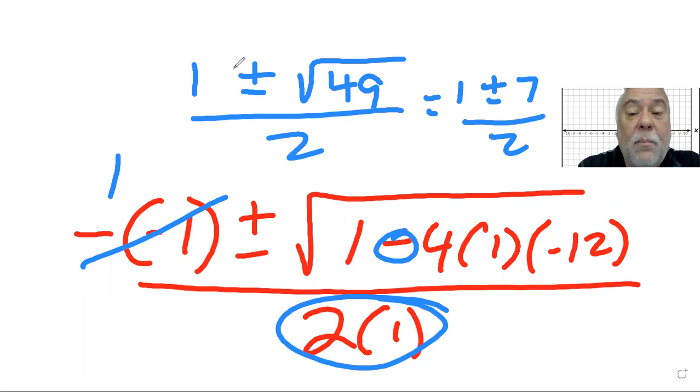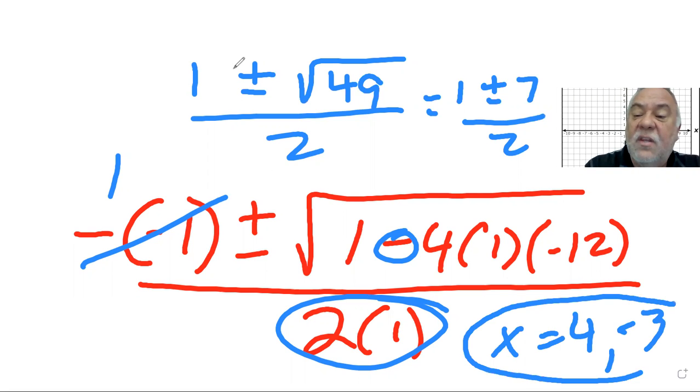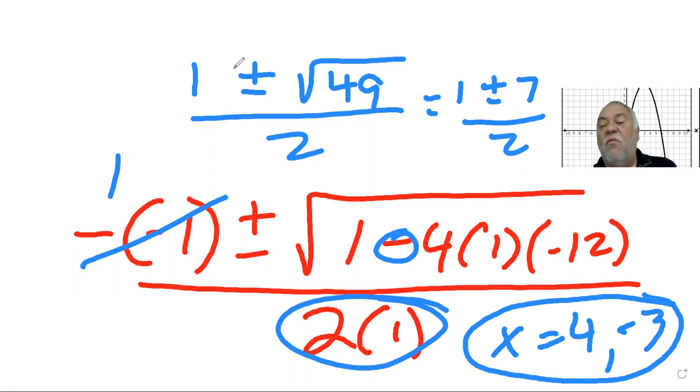Okay, 1 plus 7 is 8, divided by 2 is 4. So x is equal to 4. And 1 minus 7 is negative 6, divided by 2 is negative 3. So this is telling you that the roots are 4 and negative 3.